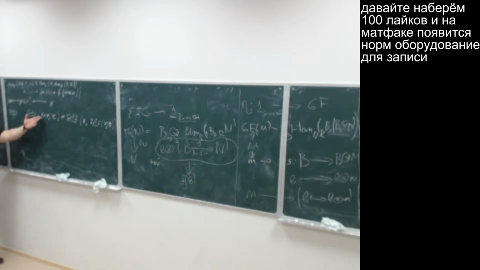It's the product in the category: ordered pairs. So for sets, we have an analogous formula. A morphism from the product to Z is the same as a morphism from X to maps from Y to Z.